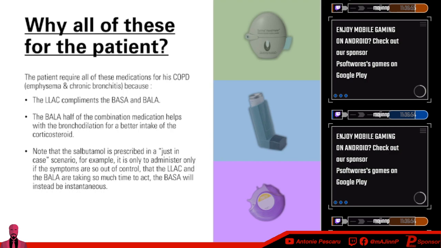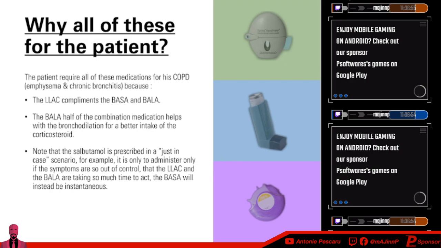In this case, your salbutamol, which is your inhalation beta agonist, will be instantaneous. So that's what we can explain to the patient. Hopefully he understands why he needs all of these 3 medications in order to ease his ailments.